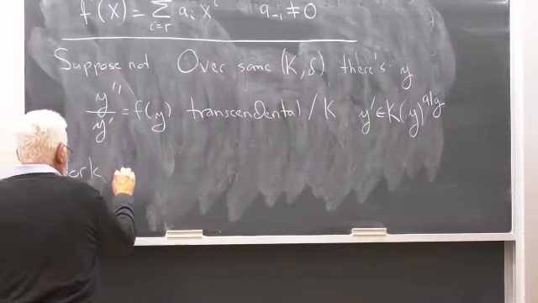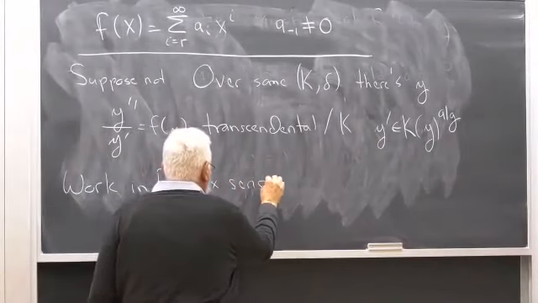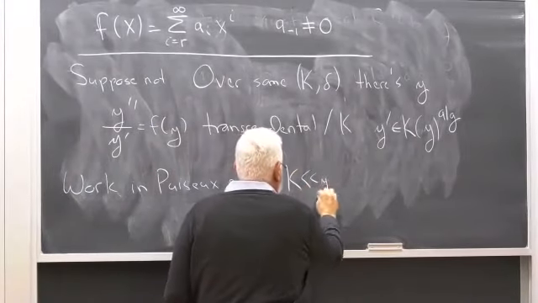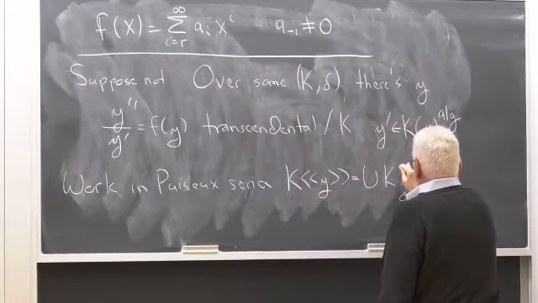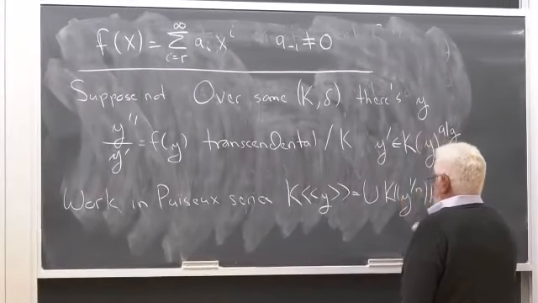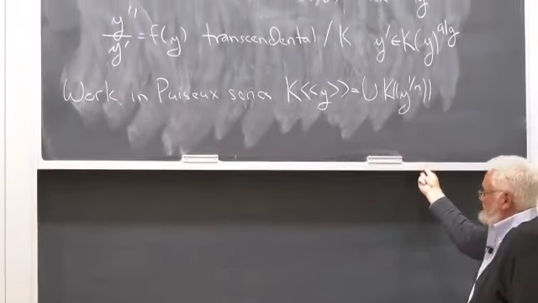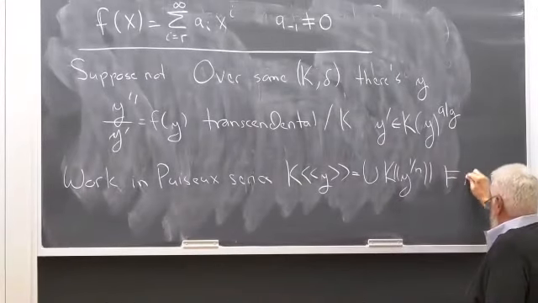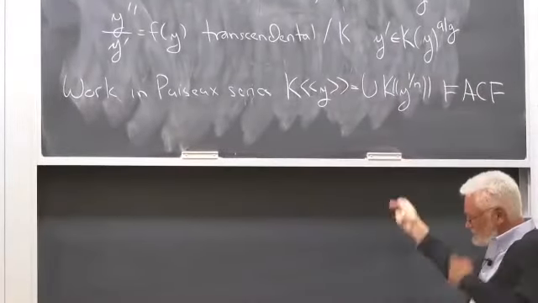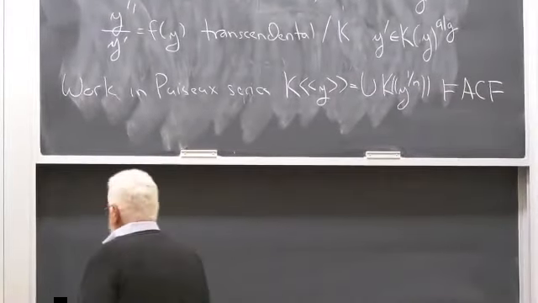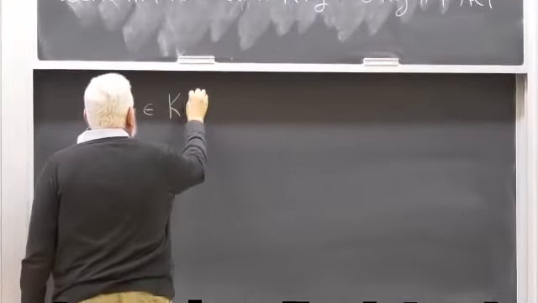So we're going to work in the Poizat series. So I take the union of the Laurent series in x to the 1 over n for all n. And the fundamental theorem is that this is an algebraically closed field. So I can identify y prime with some u in the Poizat series.